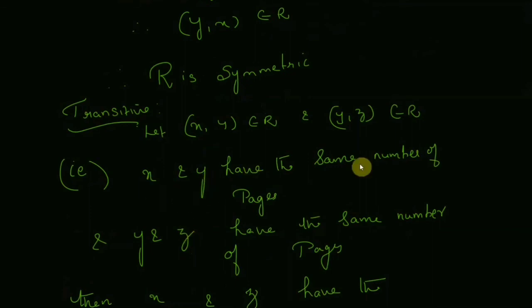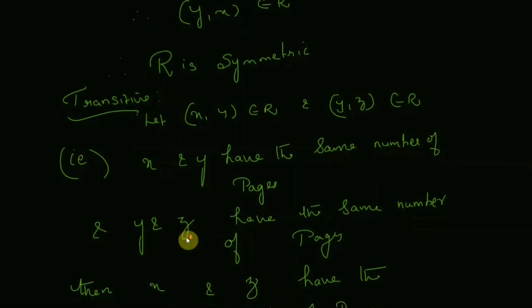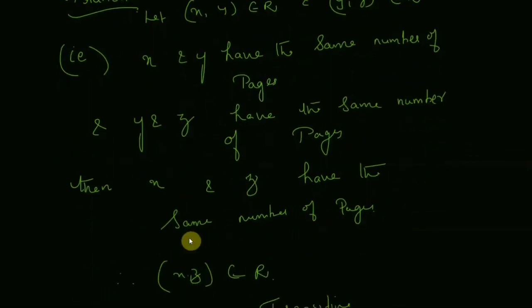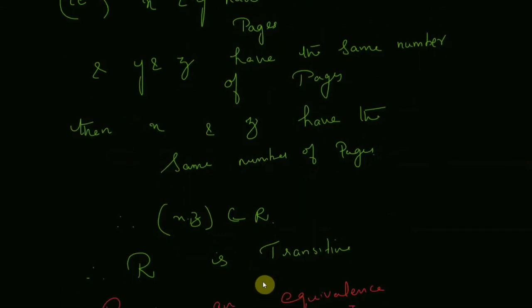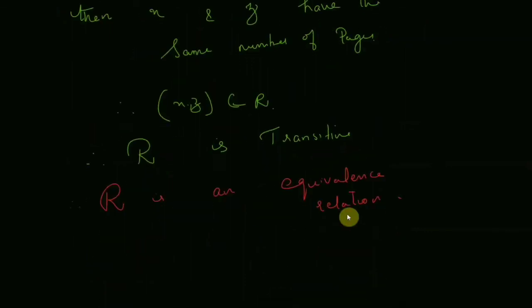That means (x, z) belongs to R. Therefore, it is transitive. So, it is reflexive, symmetric and transitive. Therefore, this relation R is an equivalence relation.